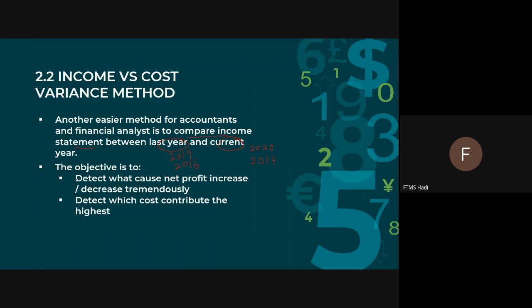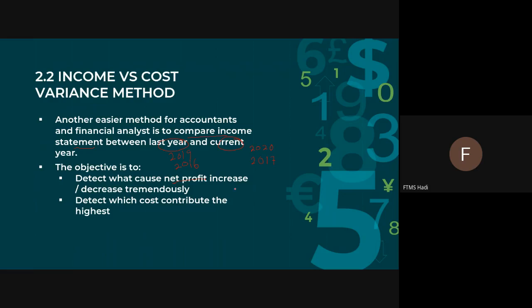So why should we do this? In fact, this is one of my favorites. The objective is to detect what causes net profit to increase or decrease tremendously, because we want to see the changes in net profit. If net profit increases or decreases tremendously, that means a huge amount of change.